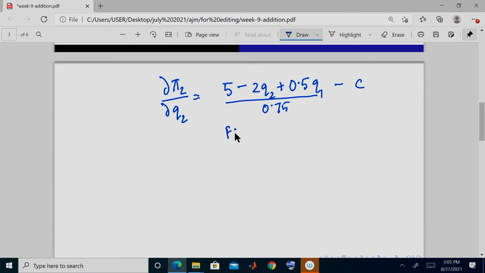And the first order condition is going to imply this.